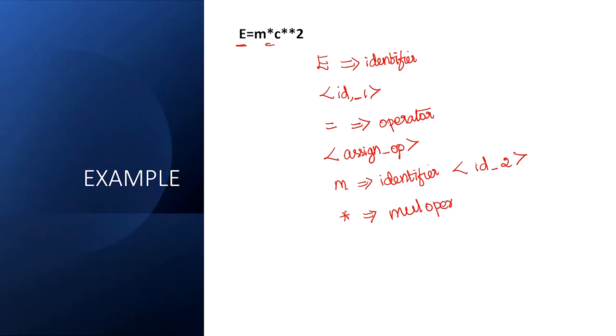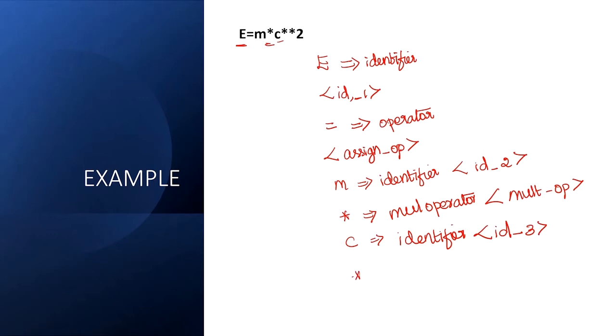Operators have to be mentioned by name as it is, so the corresponding token is multiplication operator. Next we have C. C is an identifier, so we write ID followed by the symbol table entry. Since it starts from 1, 2, here I am representing it with 3.